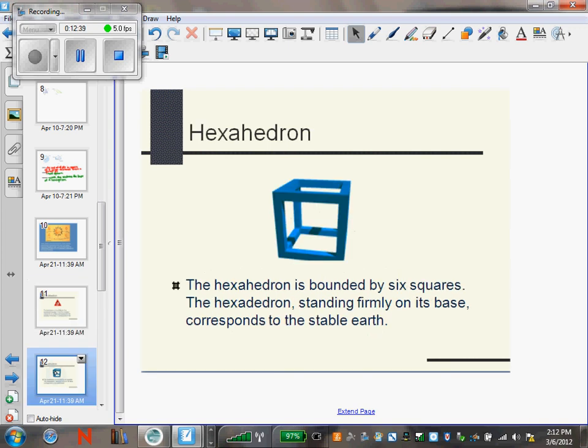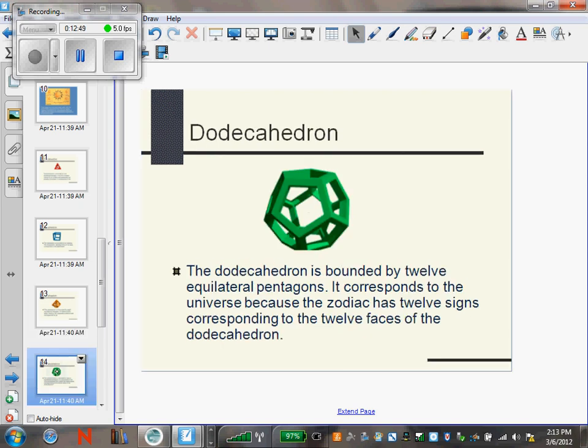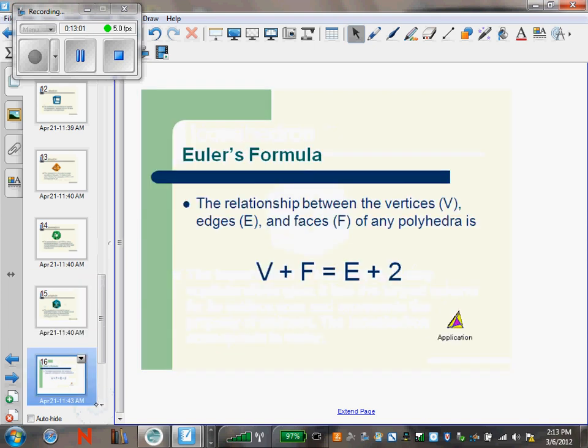Then the hexahedron, made by 6 squares. The octahedron, 8 equilateral triangles. The dodecahedron is bounded by 12 equilateral pentagons. And then the icosahedron is bounded by 20 equilateral triangles.